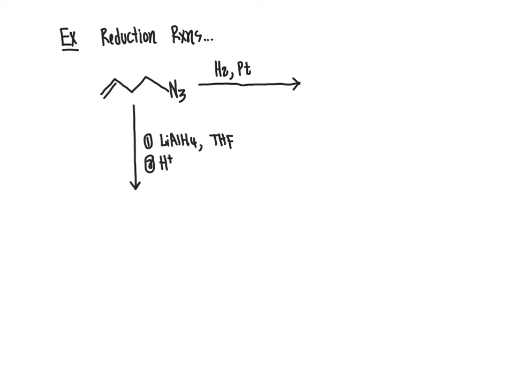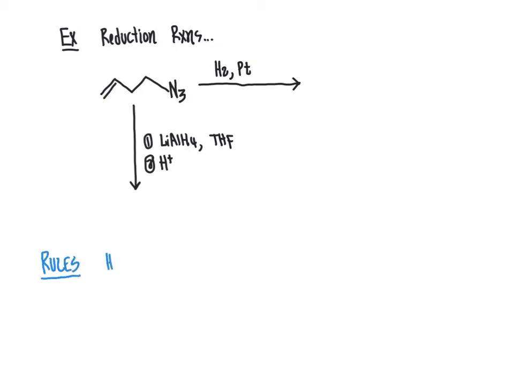So in this example problem, we are going to provide the major organic product that would result from the reaction that's shown here going vertical on your page, as well as using the same starting material in a different reaction using hydrogen with a metal catalyst. Now, before we get into this specific problem, I want to remind you of some general rules for the use of different reducing agents.